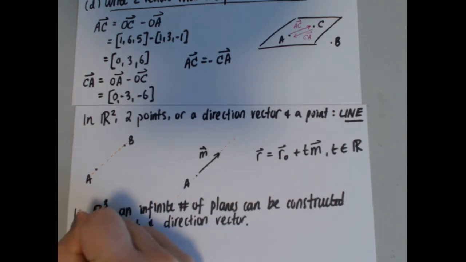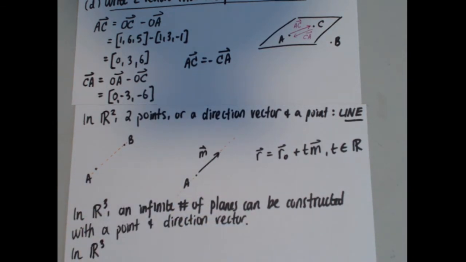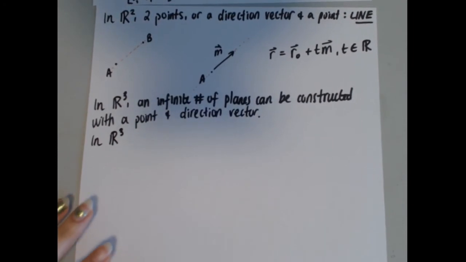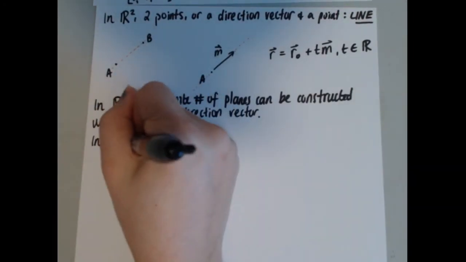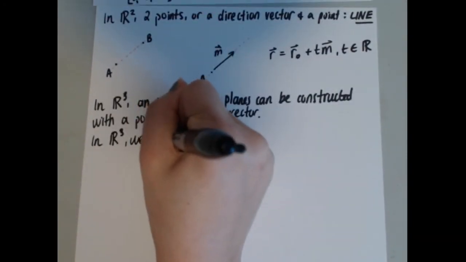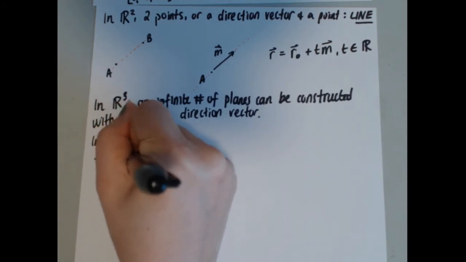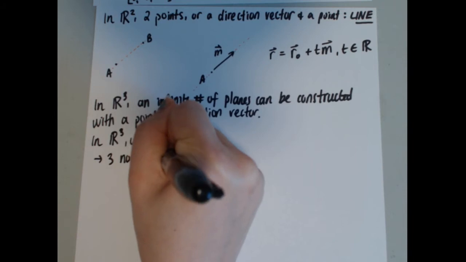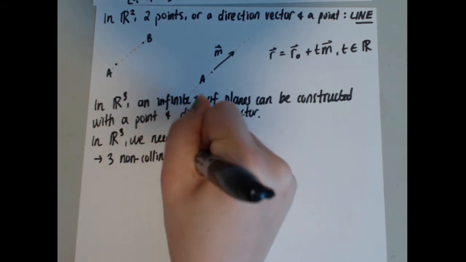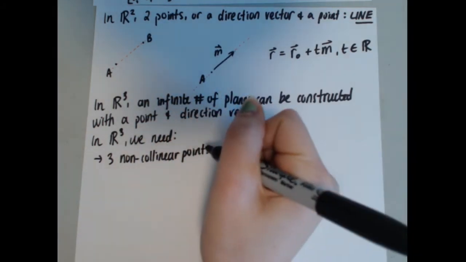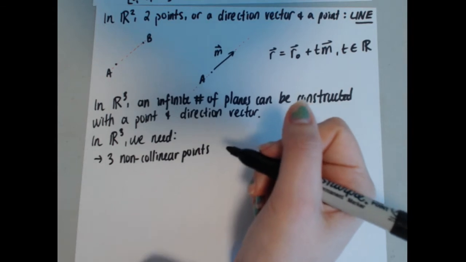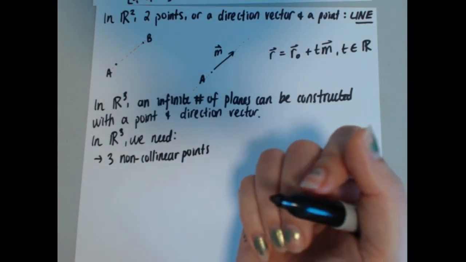So we're going to say that in R3, we need the following. Either you need 3 non-collinear points. Remember, if points are collinear, that means that you can create a straight line with them. And obviously, 2 points, you can always create any straight line.